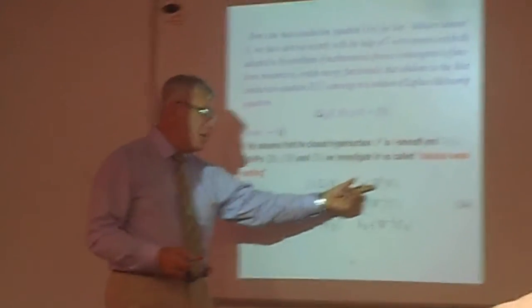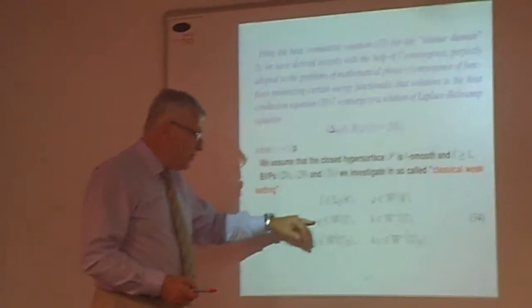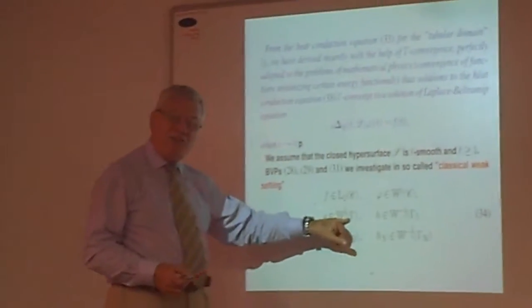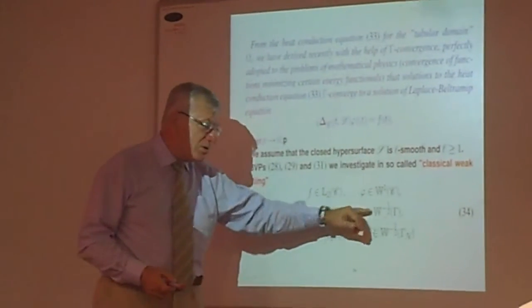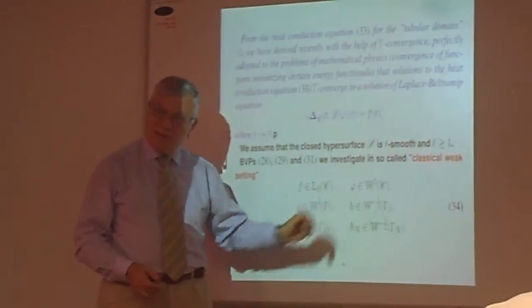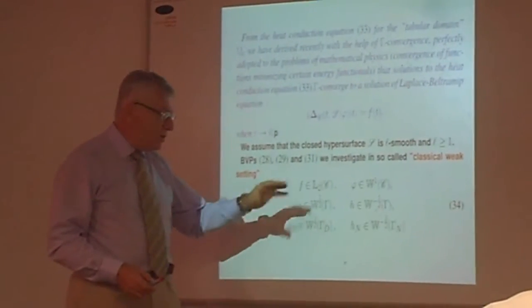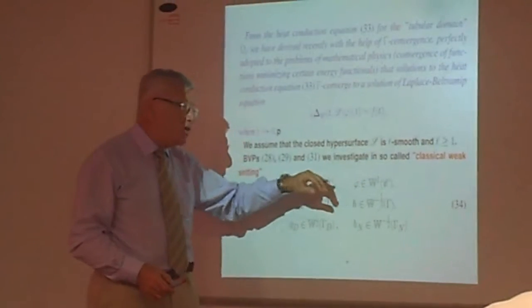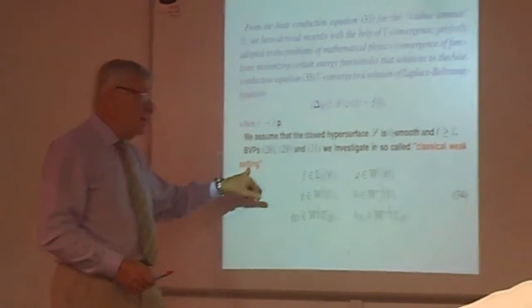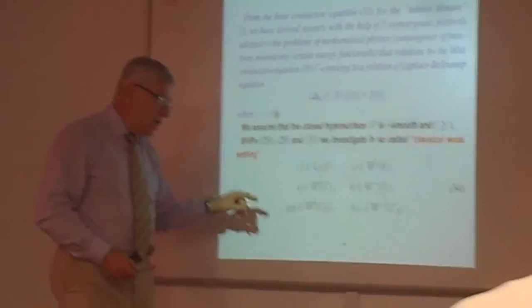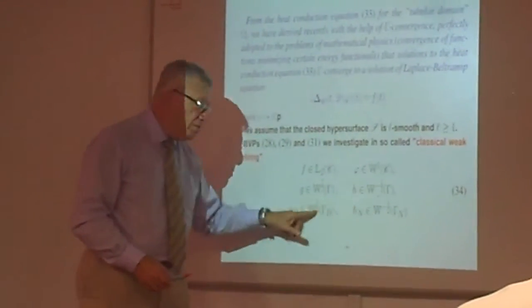Then you have the W1 space, and the traces of such functions are in W 1/2. I don't want to explain what those spaces are, but they are described very well. They are the so-called Sobolev-Slobodetsky spaces on the boundary. This is a very rigorous formulation, but it is the classical weak setting of the problem, and these are the conditions for the mixed problem.